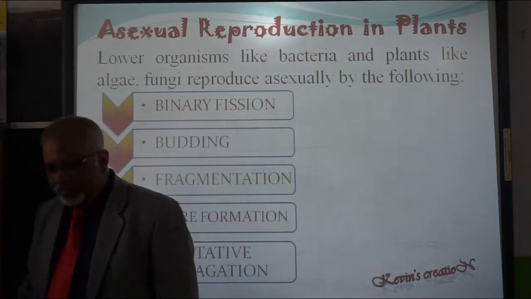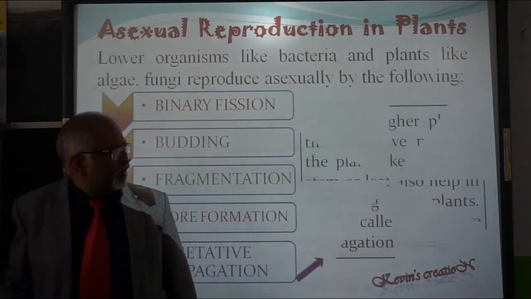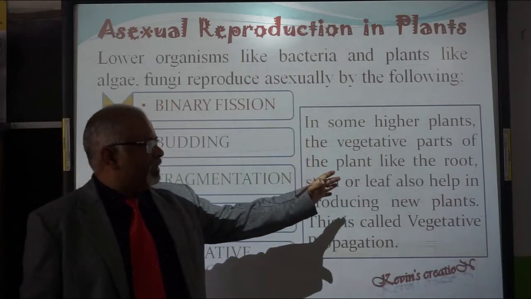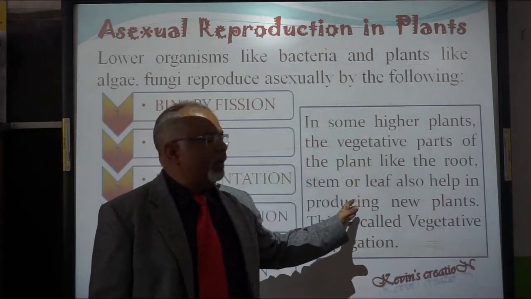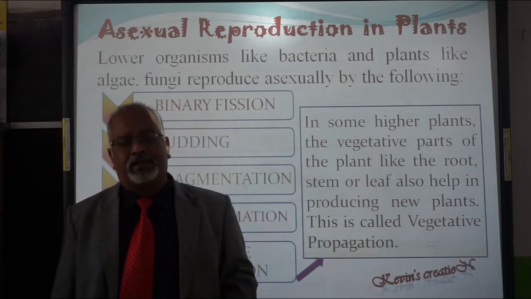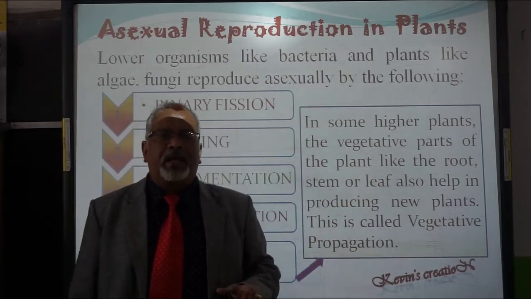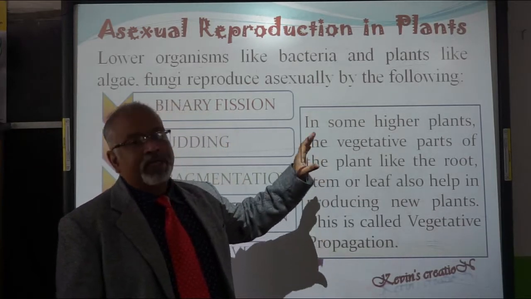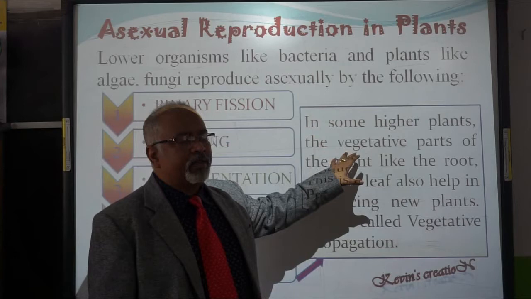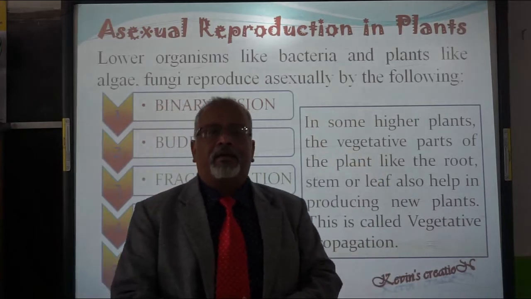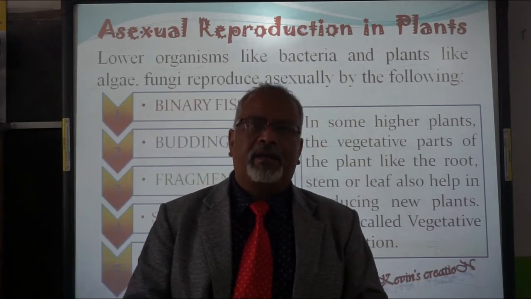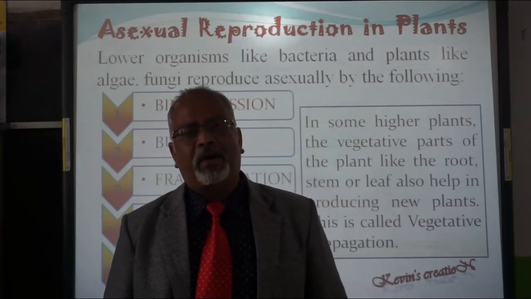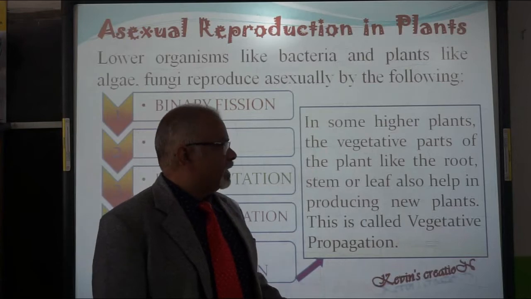In short, what is vegetative propagation? In some higher plants, the vegetative parts of the plants like root, stem or leaf also help in producing new plants. If you see plants, there are two parts. One is the reproductive part, the other is the vegetative part. Flower is the reproductive part of the plant, and all the rest, whether you are talking about root, stem or leaf, are vegetative parts.